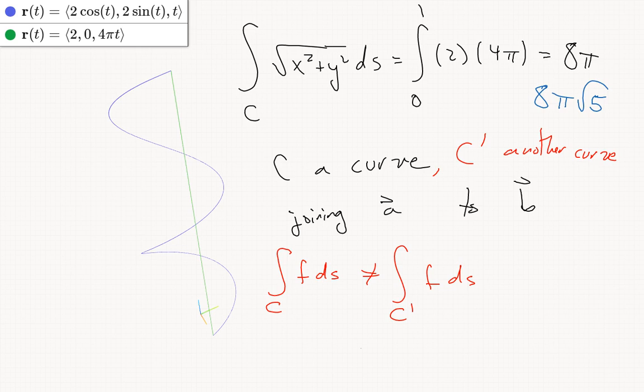So the integral doesn't depend on a parameterization of C. Like many different parameterizations of the same curve will give the same answer, but different curves will give different answers. So it's not just dependent on the endpoints in general. And we'll explore in a later section under what conditions this only depends on the endpoints.